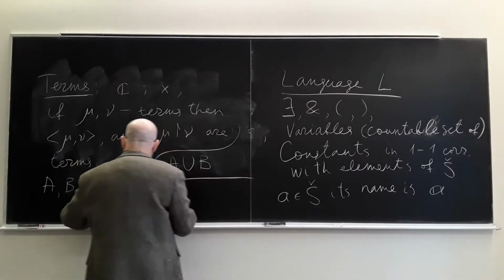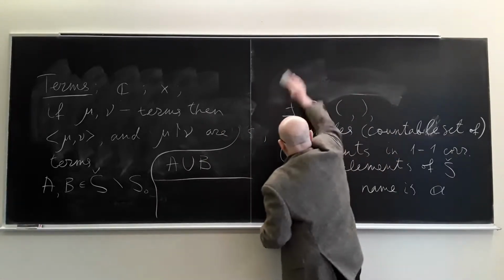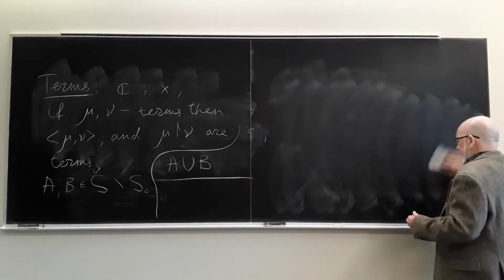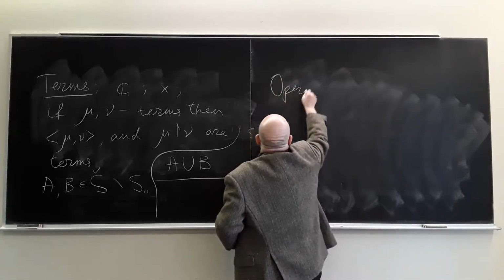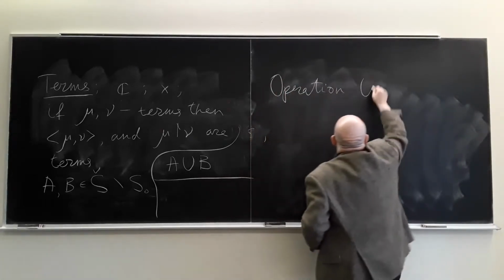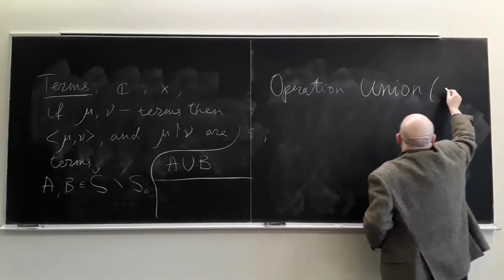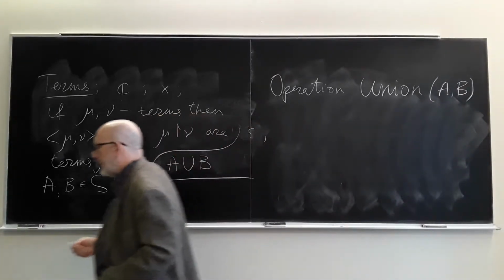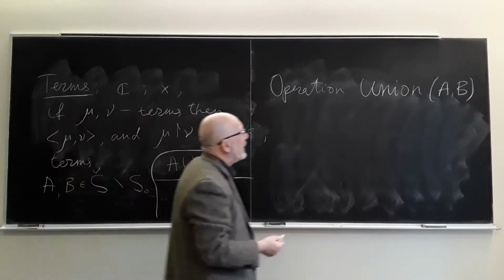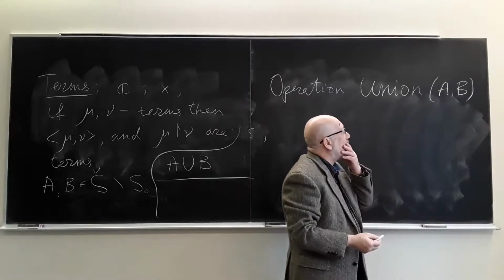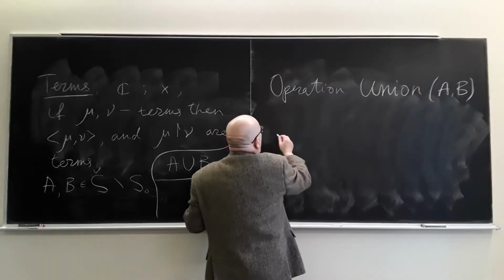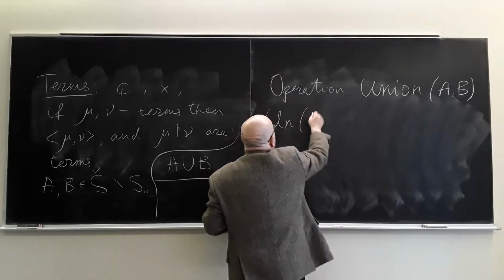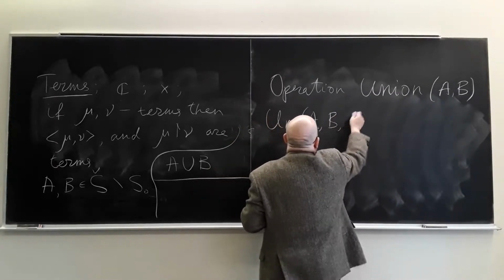So let's consider the operation union of A, B. In our naive sense, the union of A, B is A union B. Now consider the following relation, Union(A, B, C).